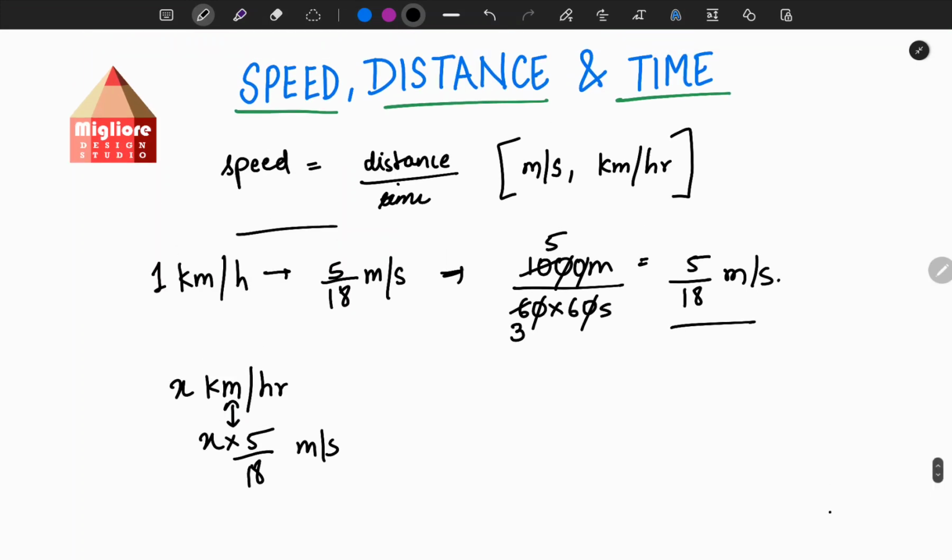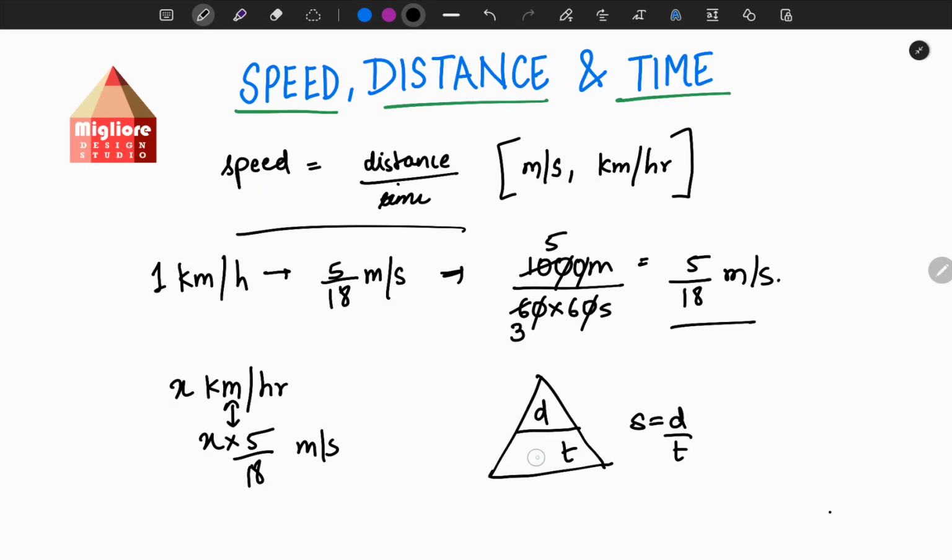In case you ever end up forgetting this formula, you can always use this trick that I have picked up. You have distance, speed and time. Say I forget the formula of speed. So I'll just cover speed, and what remains is distance upon time.